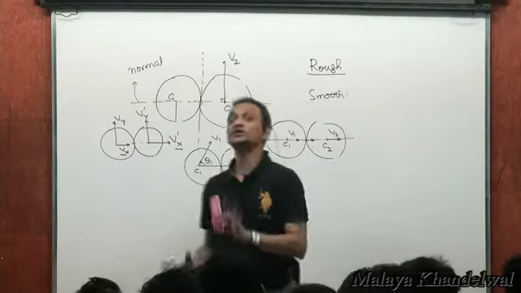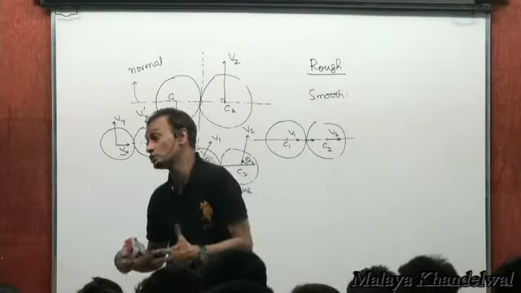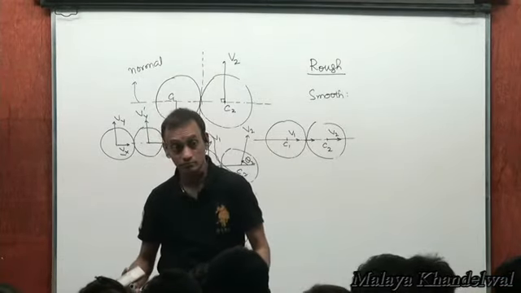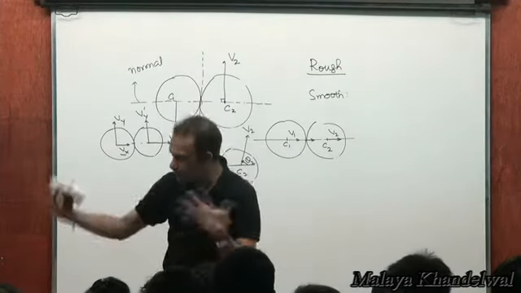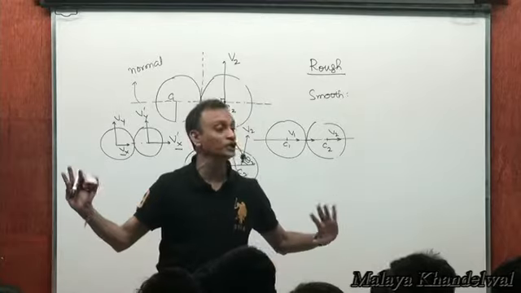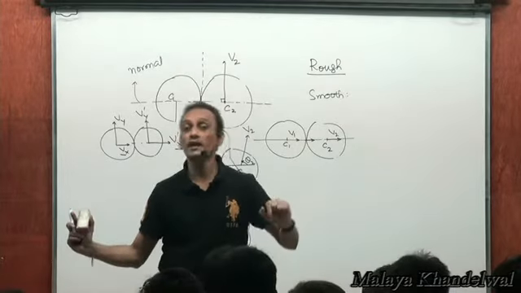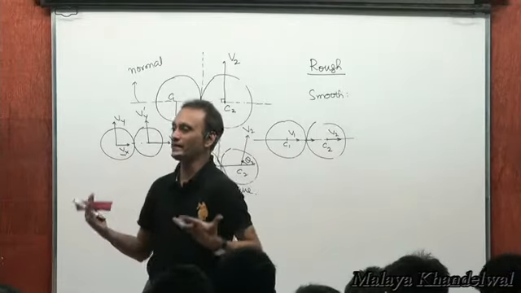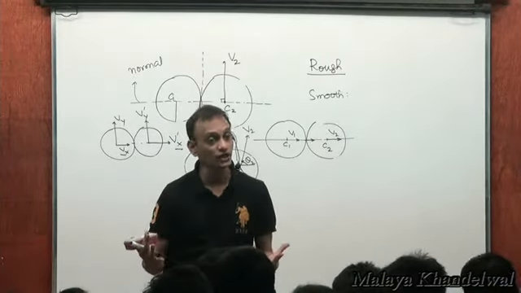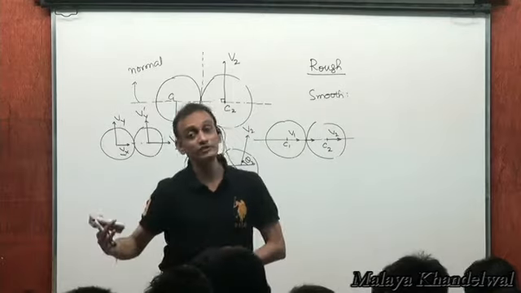Now all that collision will do, collision is incapable of changing the linear momentum of the system. It will change the linear momentum of the individual particles, but not the total linear momentum of the system. So if at all, collision will redistribute linear momentum. It has the same total linear momentum before and after.